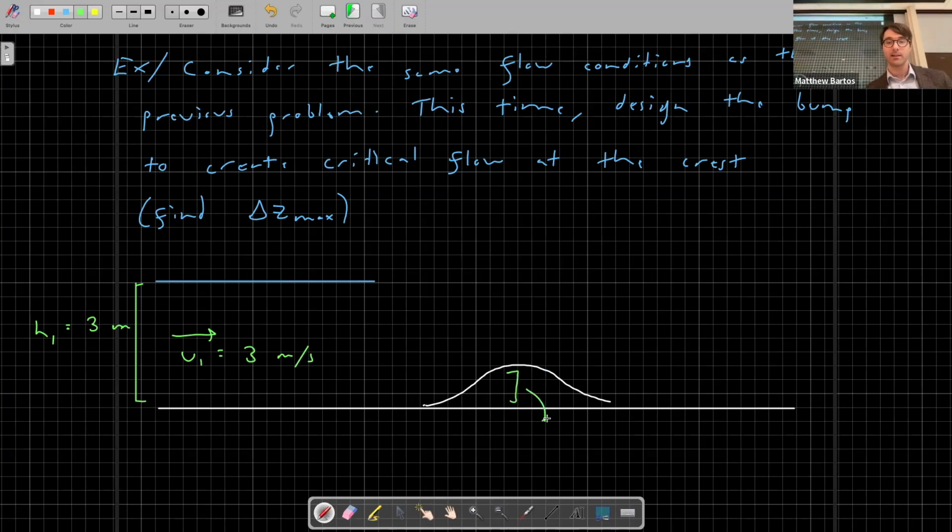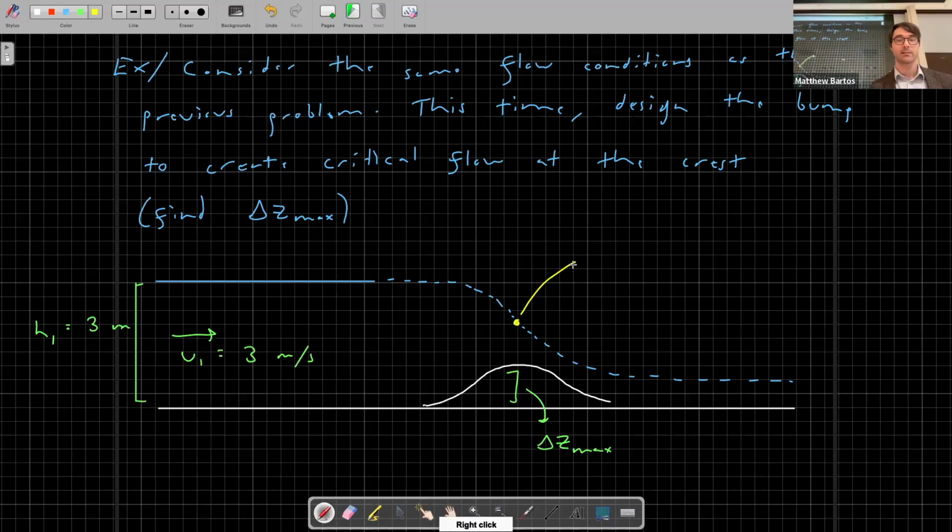You're going to need to find the height delta Z max such that you achieve critical depth at the crest of the bump.